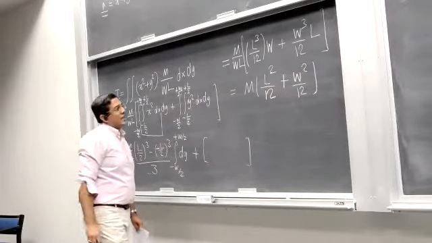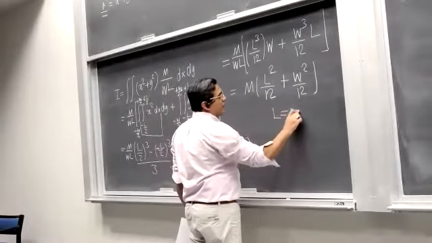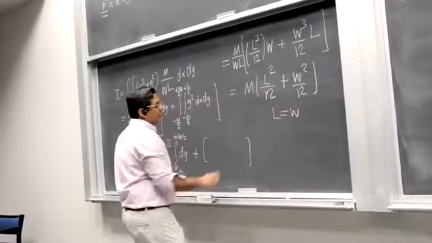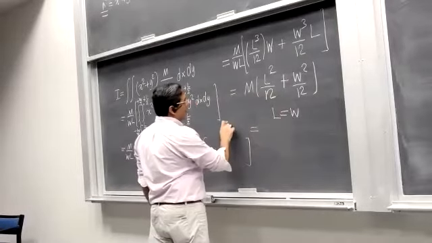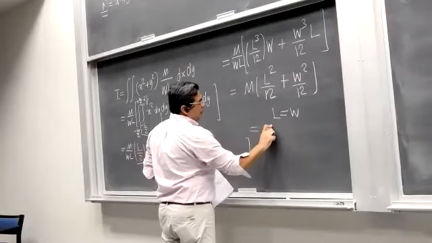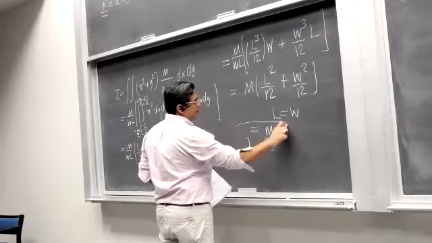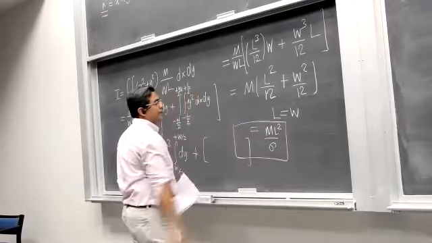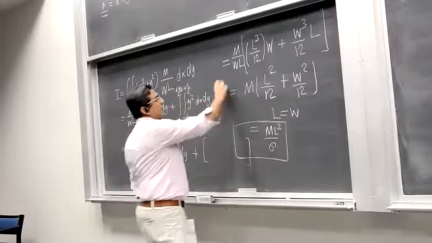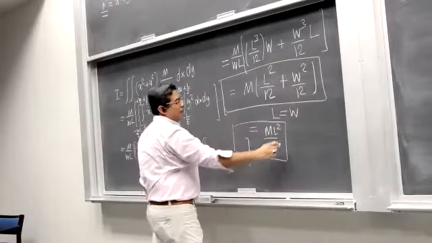See, if this was not a rectangular sheet but a square sheet, then what would happen? L equals W, and you would get, for a square, m L squared over 6. This is for a rectangle, and this is for a square.